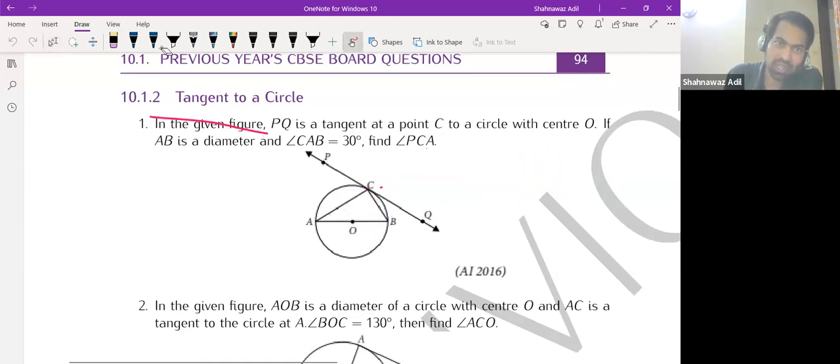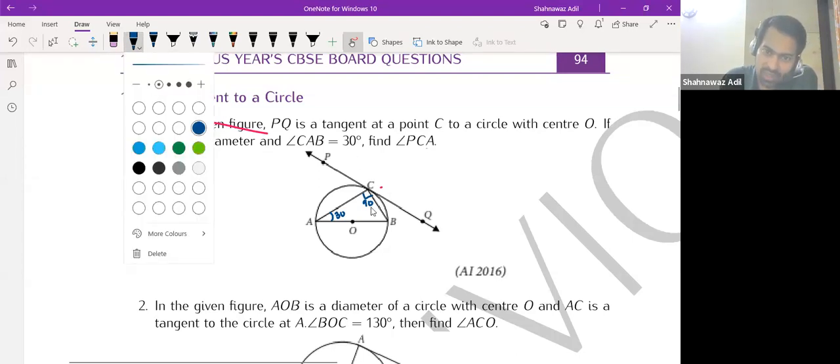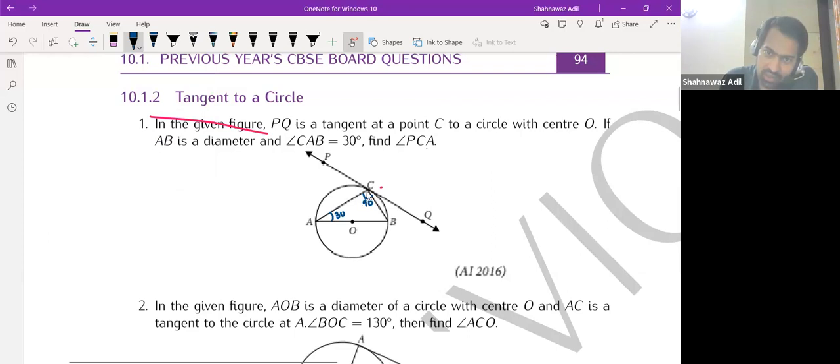So we know that this is 90 and CAB, this is 30. We just need to connect these 2 points. So what is this ACO triangle?